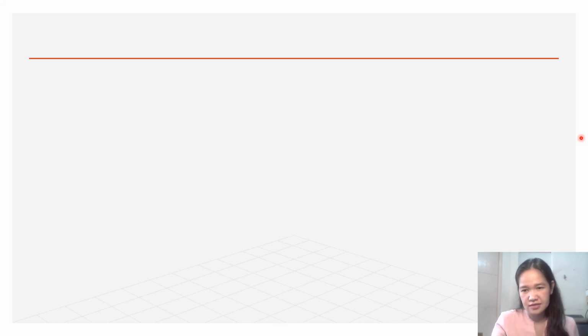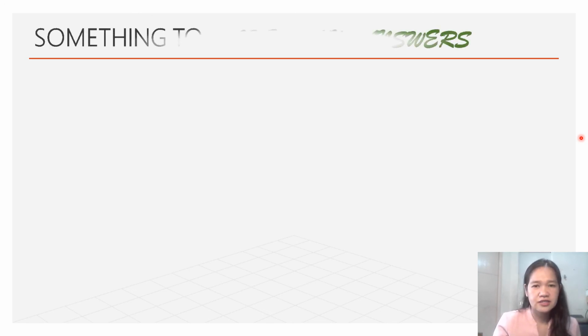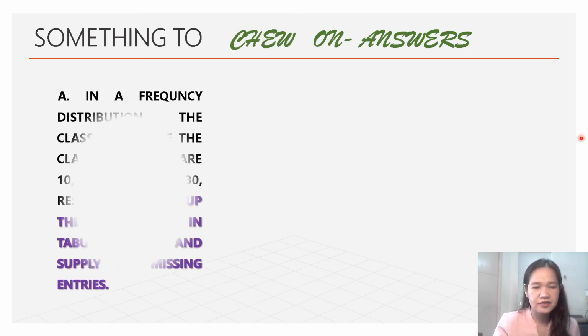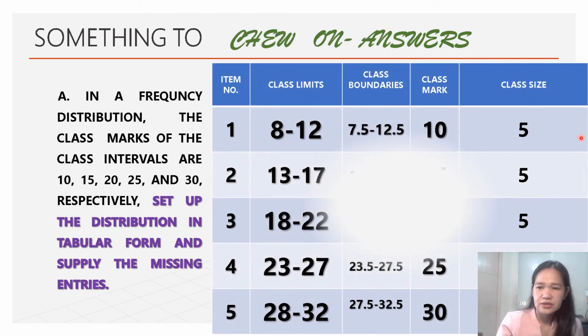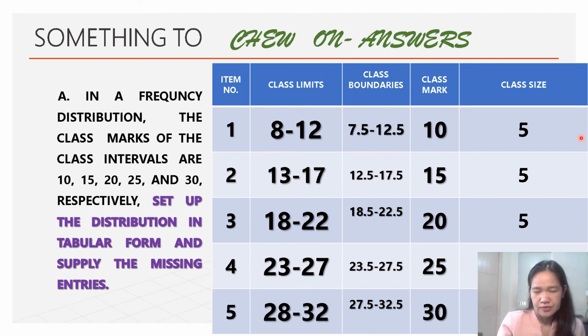Okay, I hope everybody is done answering the first exercise. So let us check your answers. Class limits for item number 1 are 8 to 12. Class boundaries, 7.5 to 12.5. Class mark is 10, and the class size is 5.